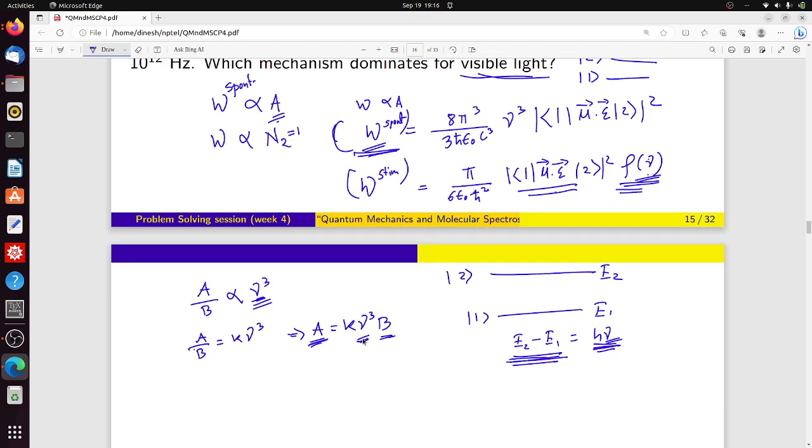Are you getting? So if the separation is more, then A will be dominating over B, where A determines spontaneous emission and B determines stimulated emission.